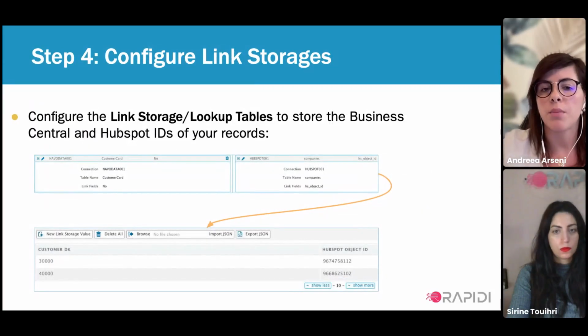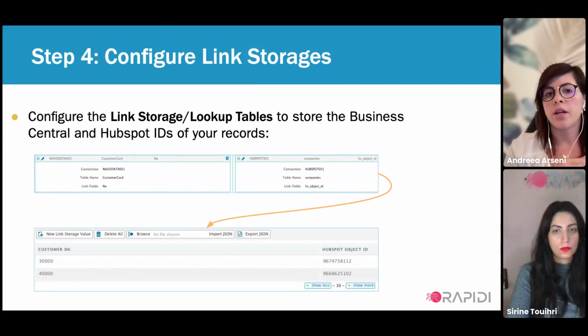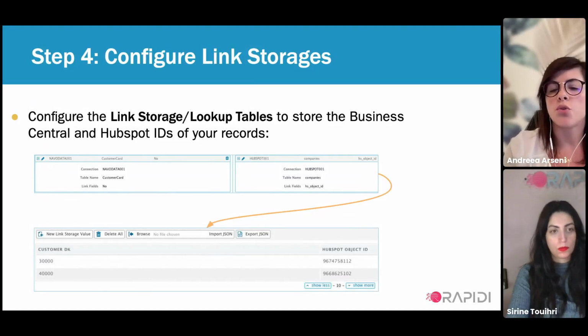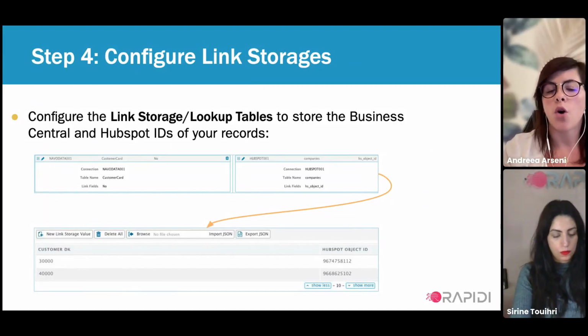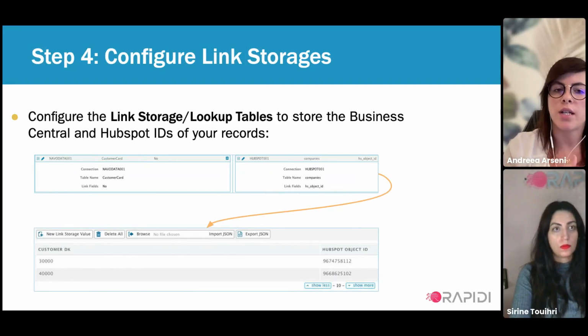And then we have step number 4, which is configuring link storages. This is not mandatory, so this is something that you would do only if you really need it. So as I mentioned, it's a way to store the IDs that belong to those specific records that you are sending either to HubSpot or Business Central. For example, you have the customer that has been created in Business Central, so that customer will get a unique customer number.